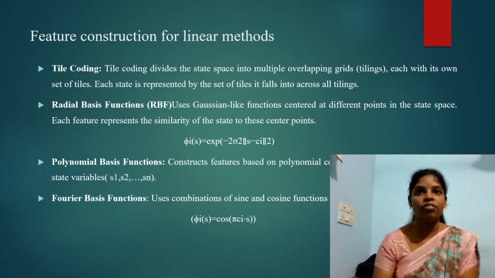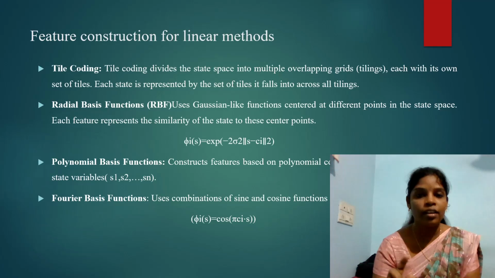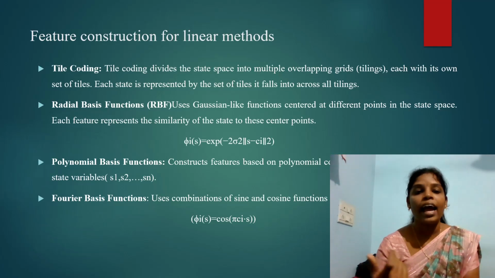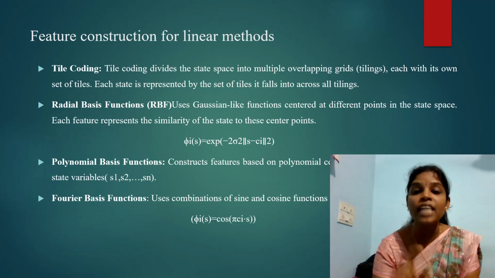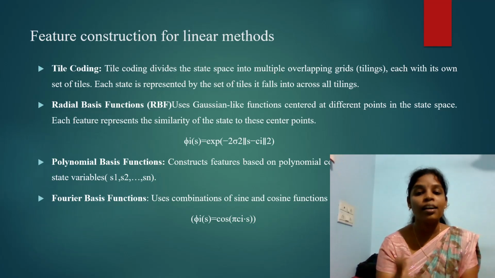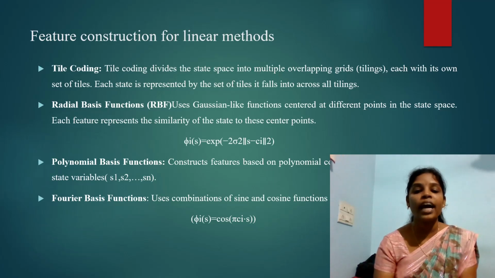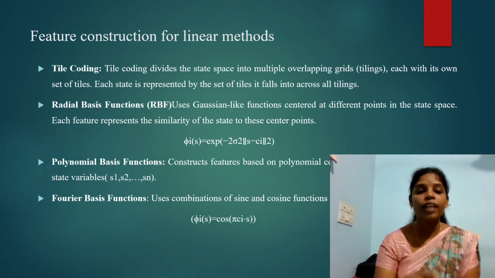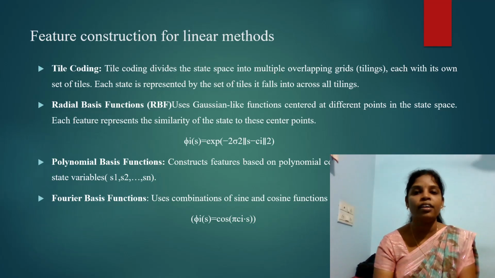Tile coding represents a set of tiles, and RBF represents the center points for the different state spaces; we have to find the center points. The polynomial basis is about constructing features from the state variables, that means S1, S2 and Sn. And the combinations of sine and cosine functions represent the Fourier basis function. So these are the feature constructions in linear methods implemented in the functions.